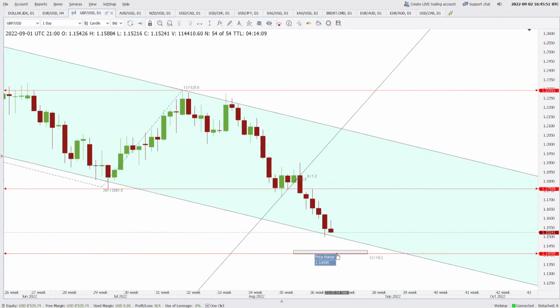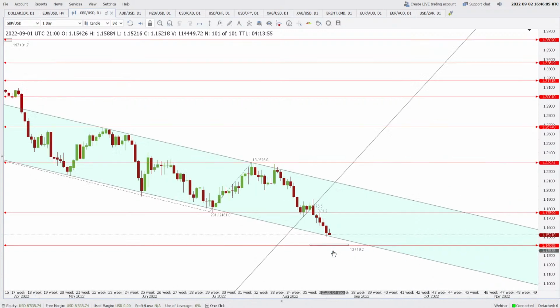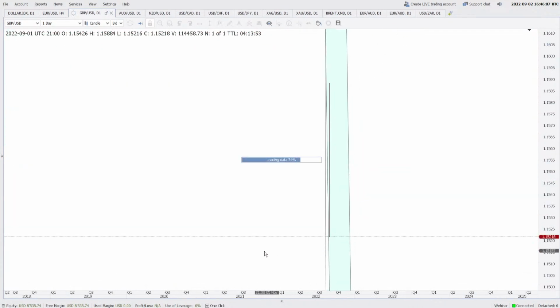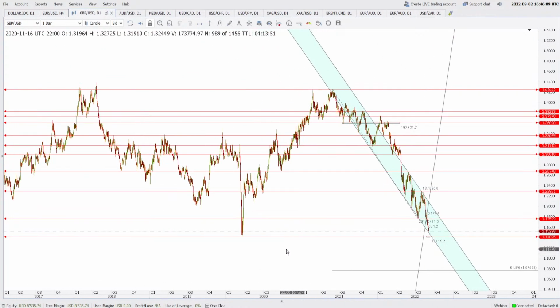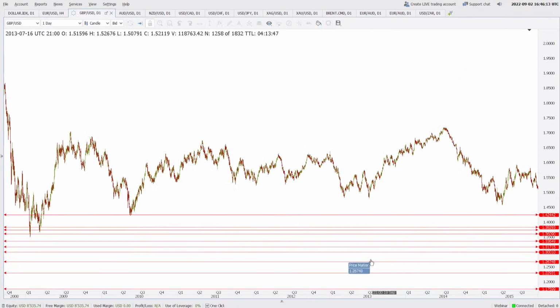I think this level is going to break if the dollar index continues to rise, but there is a possibility, because a lot of people must be keeping their eye on this level, and if they are, the policymakers will also be keeping an eye, because if the pound goes below this against the US dollar, then there is no other price below that.